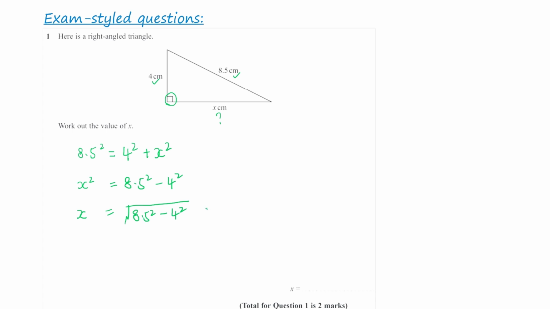Then here we can use a calculator to work this out. If you have a calculator with you, you can do the calculation. I did it myself here, and the answer is 7.5. Don't forget to put your units here. So this is your final answer, and you can write your answer here.